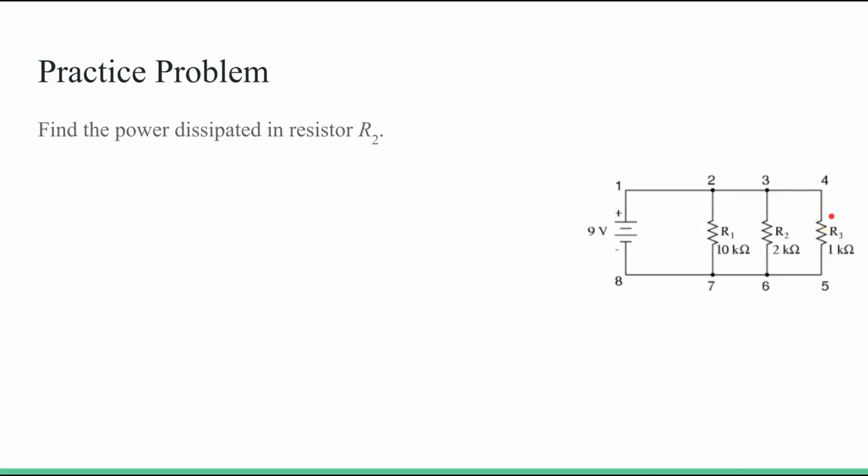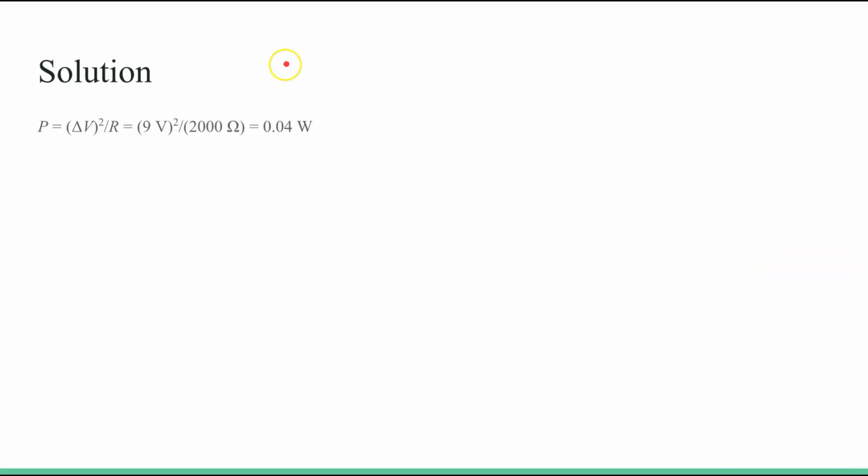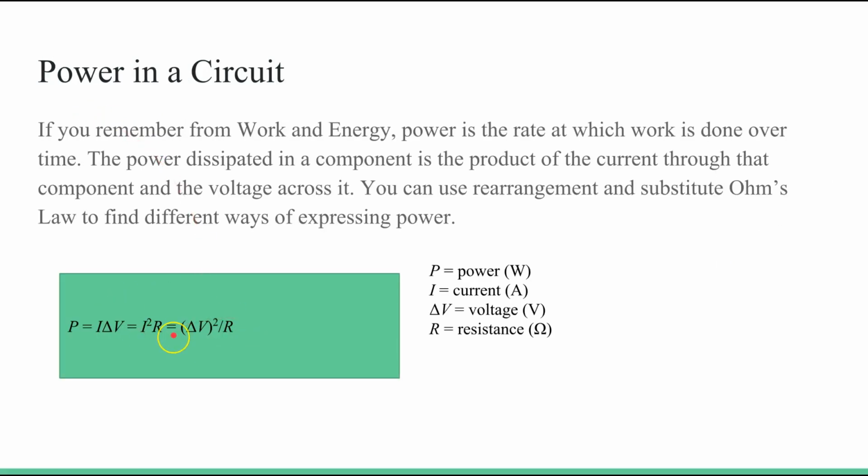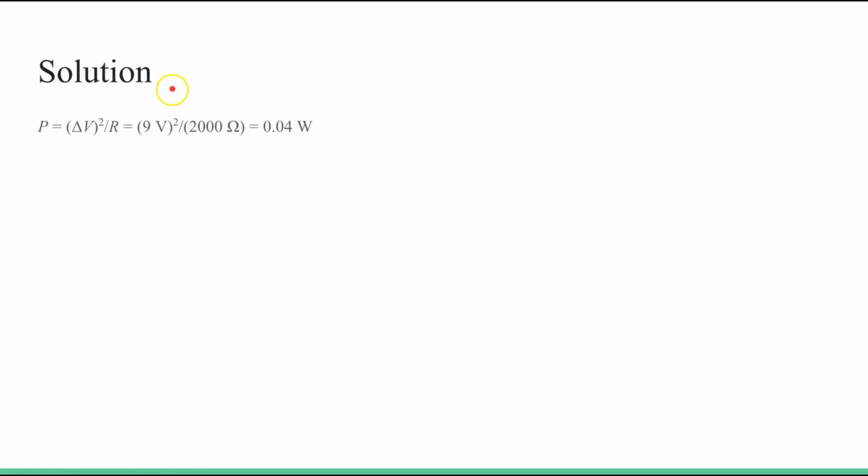So if you condense them into one resistor, that one resistor will have a voltage drop of 9 volts. That means all three of these resistors must have a voltage drop of 9 volts. So you know delta V, and you can substitute in this variation of power. So you have delta V squared over R equals 9 volts squared divided by 2000 ohms equals 0.04 watts of power dissipated through that resistor.